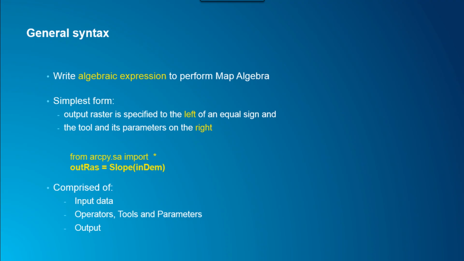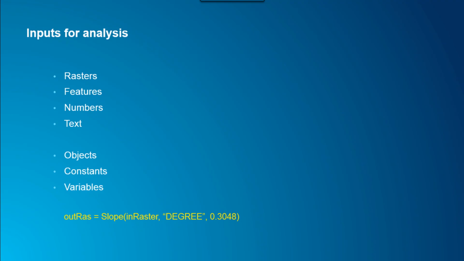And this expression is comprised of input data, operators, tools, and parameters, and finally you have output. What are the common inputs for analysis? Rasters, features, numbers, text. We also have a few more things: objects, constants, variables. Now if you look at the expression at the bottom, it has your raster, it has a string, it has a number.